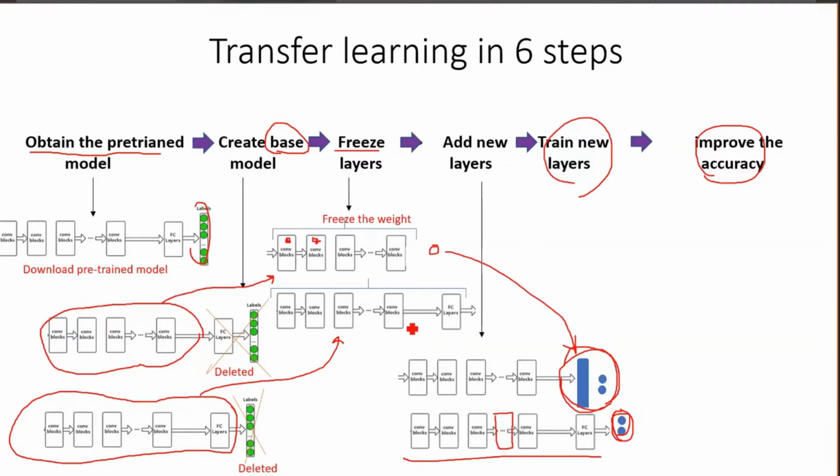You don't delete, you just freeze or unfreeze. Freeze and unfreeze is about the weights, but if you don't want to use it, you just disable. You can disable. So here you just disable. You set to false. The convolutional block number 3 is false.